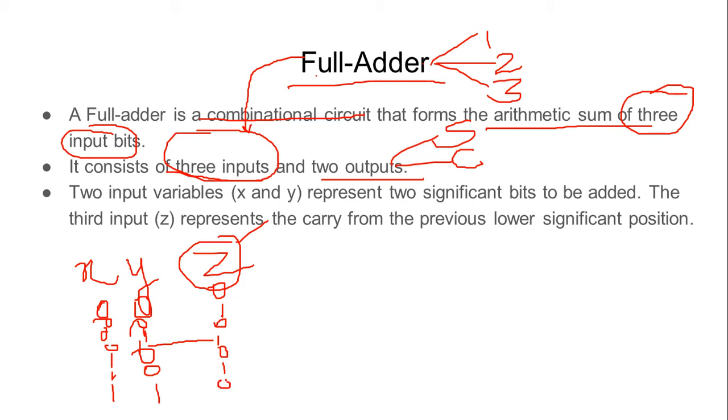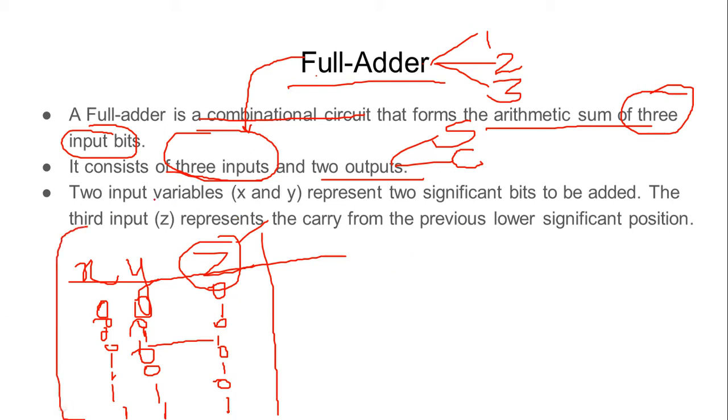For 1 1, the input carry can be 0, and for 1 1 again, it can be 1. Accordingly, I have to take the sum of these three variables and test whether it provides a carry or not. We will discuss the truth table in the next slide.